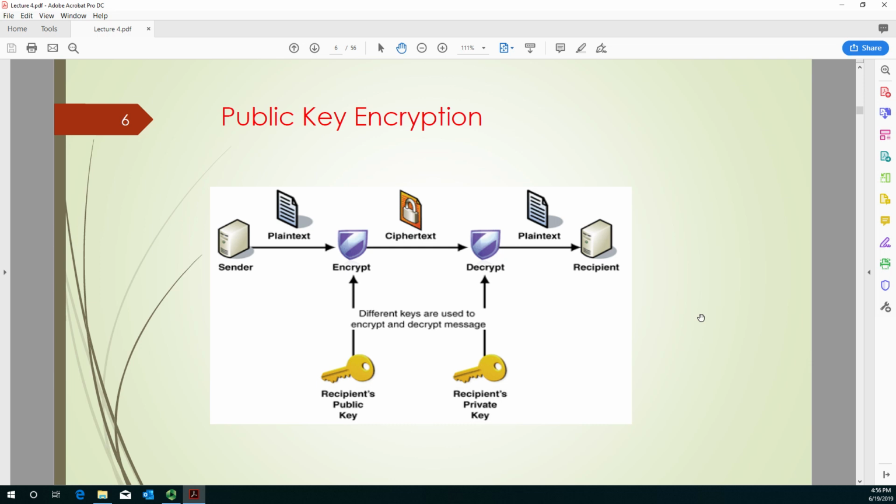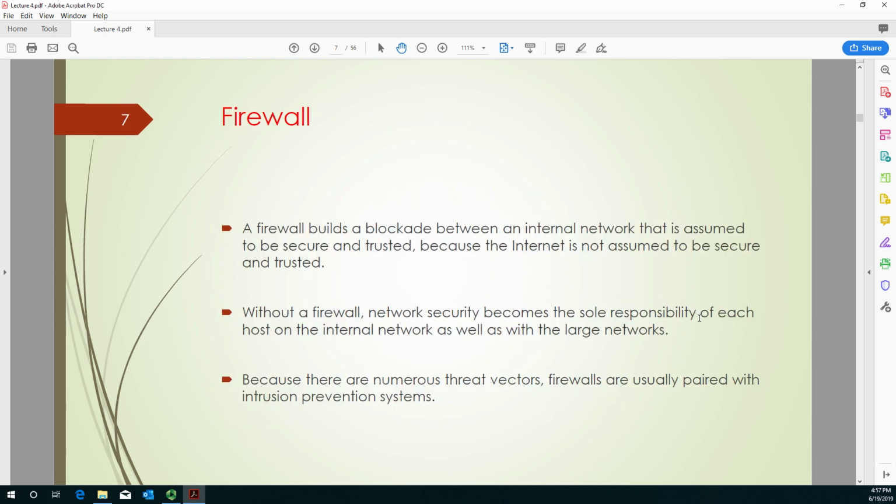So the key is the same, although the function may be different in symmetric key encryption. But in asymmetric key encryption, you use a different key for encryption and a different key for decryption, which makes it stronger and not a very easily hackable system. So that's the power of public key encryption, which is a stronger form of encryption.